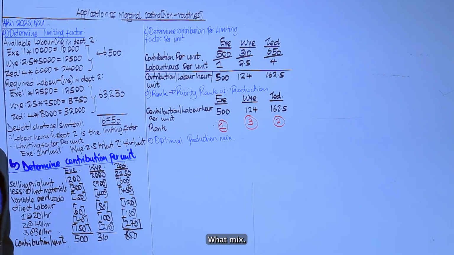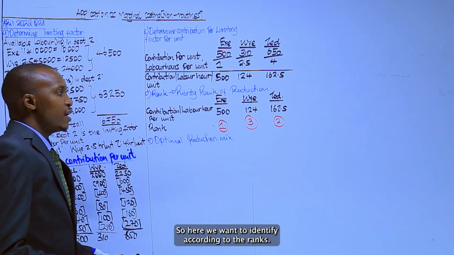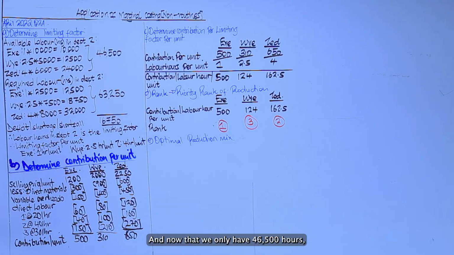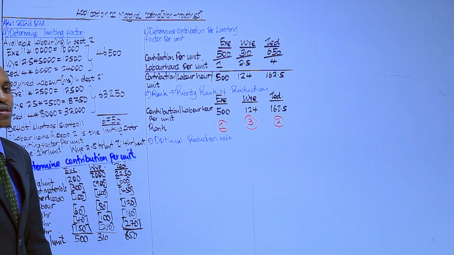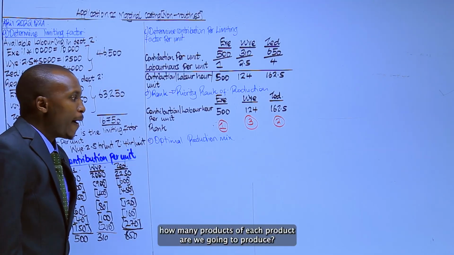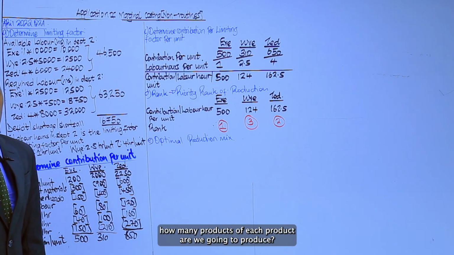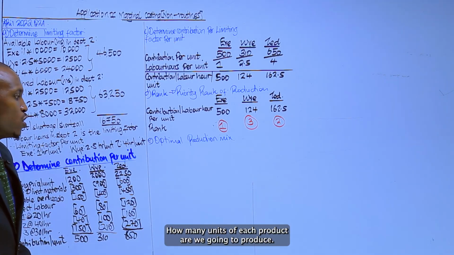Optimal production what? Mix. So here we want to identify, according to the ranks here, and now that we only have 46,500 hours, how many units of each product are we going to produce?